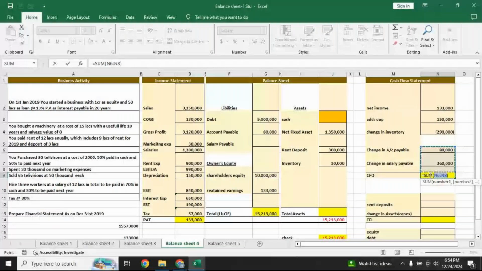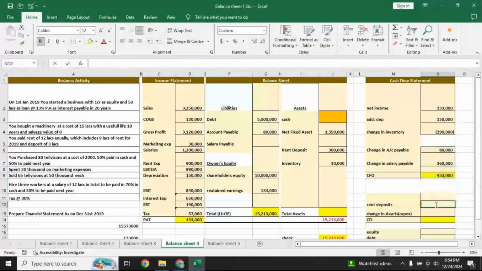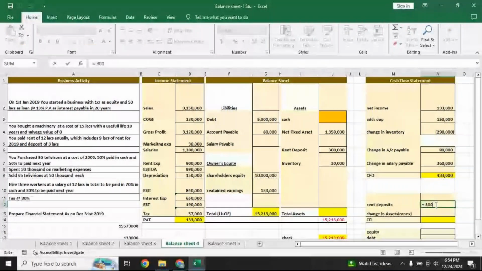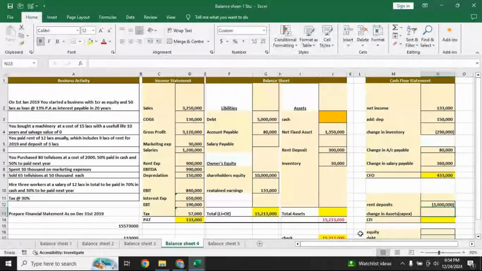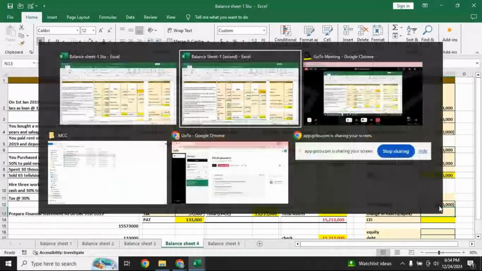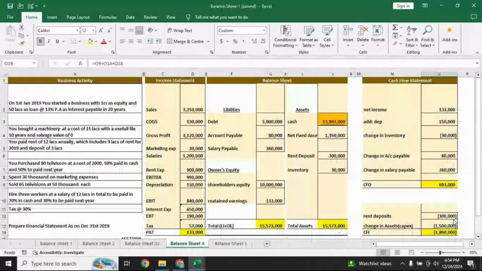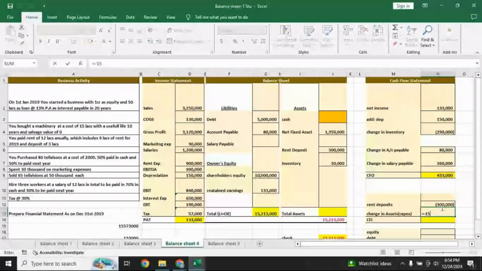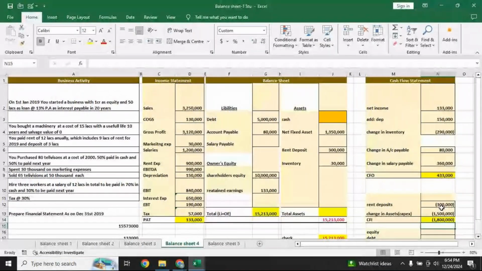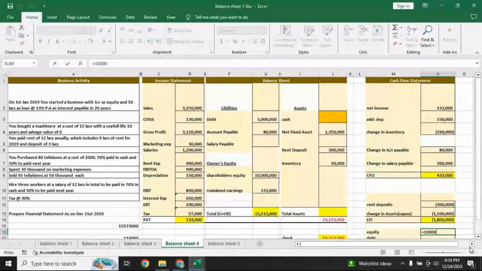So I am paying minus 3 lakh, and change in assets. So change in assets will be 15 lakh. So all equals. So equity it is 1 crore. Debt is 50 lakh.